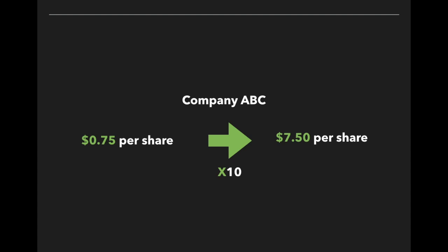So company ABC, let's say that they decide they want to increase the share price by 10 times the current price. So they want to go from 75 cents per share to $7.50 per share. Remember, company ABC is still a $15 million company. So in order for the new price of $7.50 to match the company worth, the number of outstanding shares has to change.